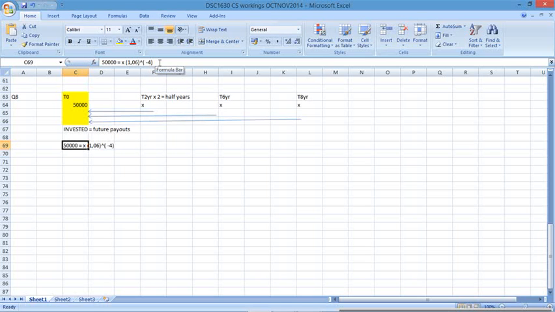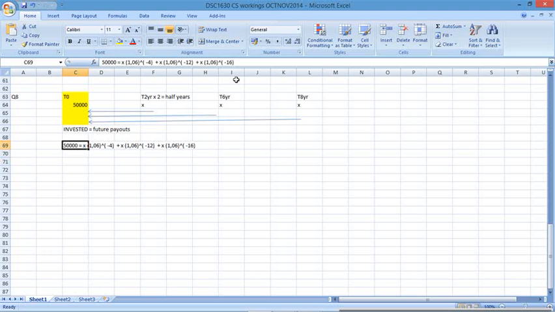And that's where that minus 4 comes from. Plus, the next amount, at T6, I'm going to be discounting 12 periods. And at T8, I'm going to be discounting 16 periods.